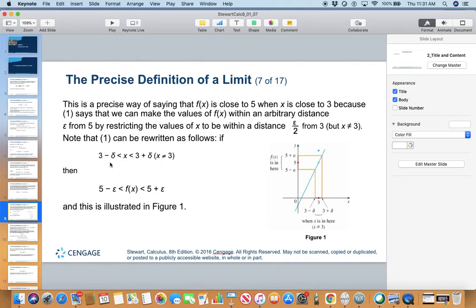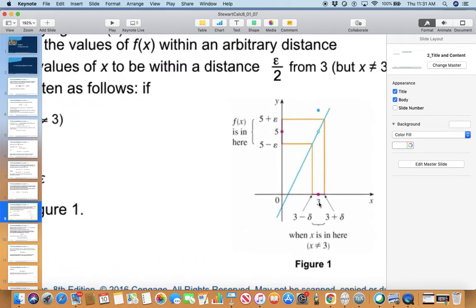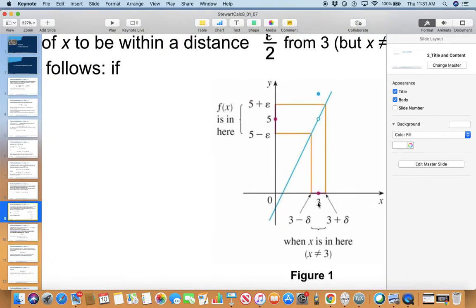So notice this is not very difficult to see. What it means is the distance between x and 3. Let's zoom in. The distance between x and 3 is less than delta. So from 3, if you go to the right, the maximum you can go is 3 plus delta, but you cannot even touch 3 plus delta.